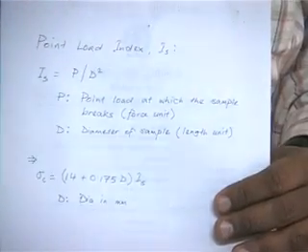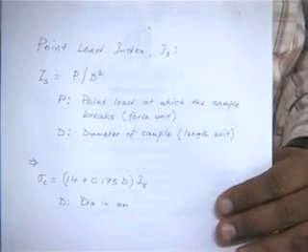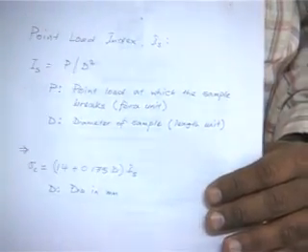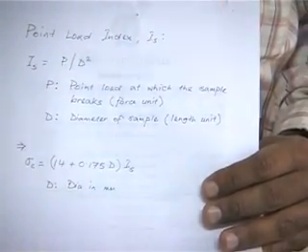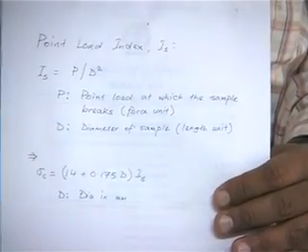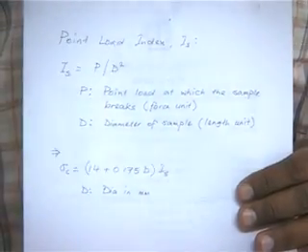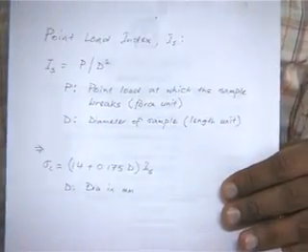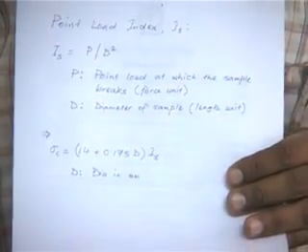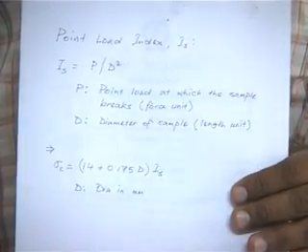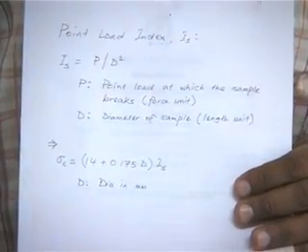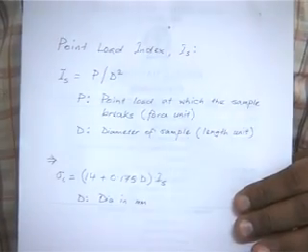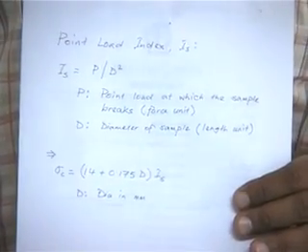Now, the calculation, to jog your memory, first requires calculation of the point load index I subscript s, given simply by P over D squared, where P is the point load at which the sample fails. That is going to be recorded in force units, although we will see that we read it off a pressure gauge.